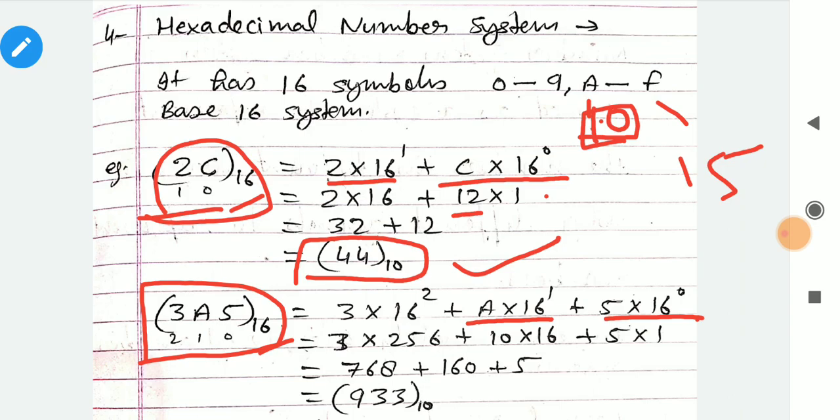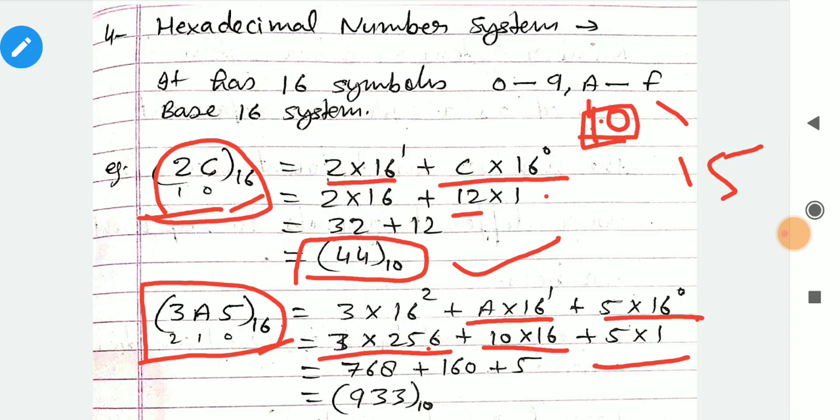So in place of A we will write 10 into 16. So it becomes 3 into 256, since 16 to the power 2 is 16 into 16, which is 256, and 10 into 16 plus 5 into 1. After solving, 3 into 256 becomes 768, 10 into 16 is 160, and 5 into 1 is 5.